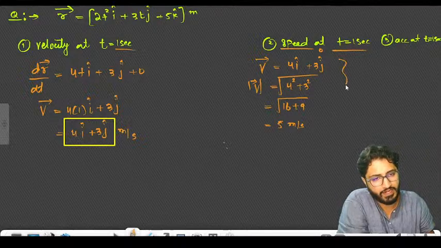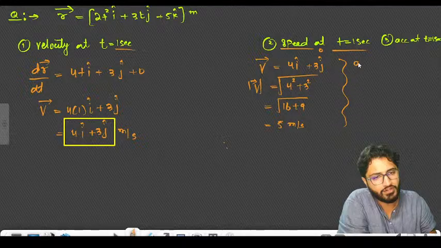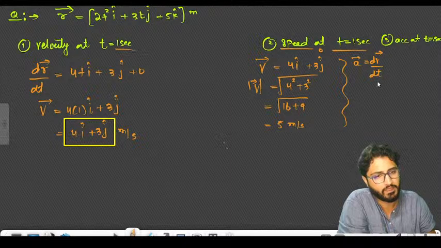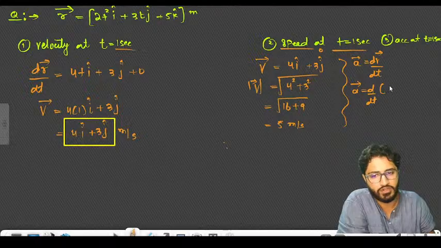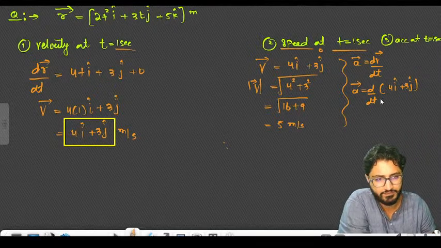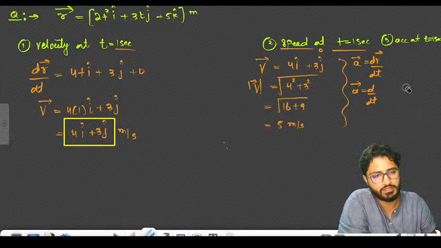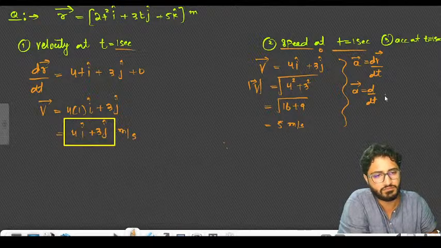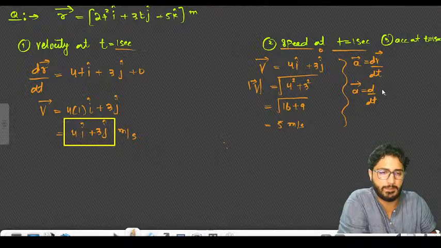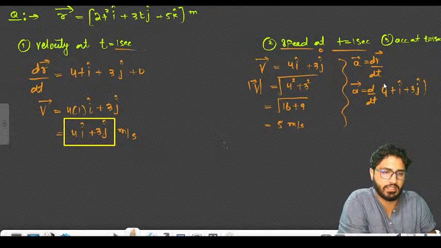Now, if we want to find acceleration, it is nothing but dv by dt. Velocity is 4t i cap plus 3 j cap. Sorry, it is 4t i cap, plus 3 j cap.